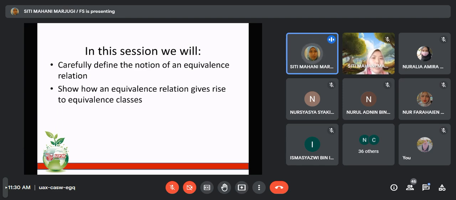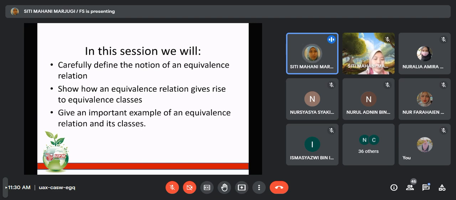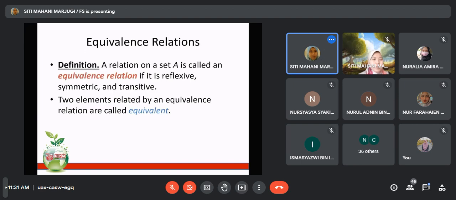And we obtain the important examples from the equivalence relation.